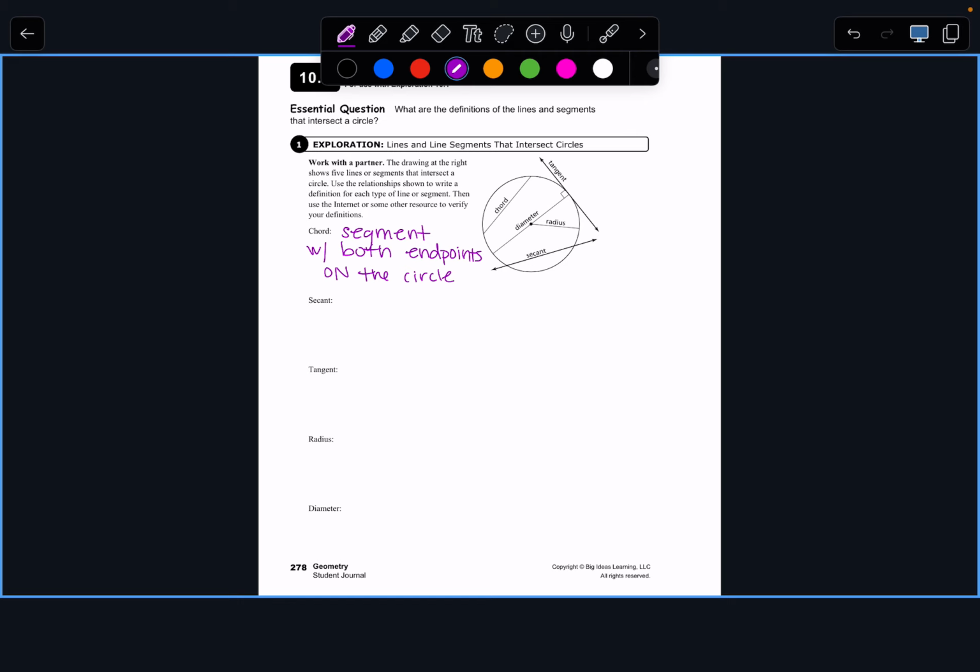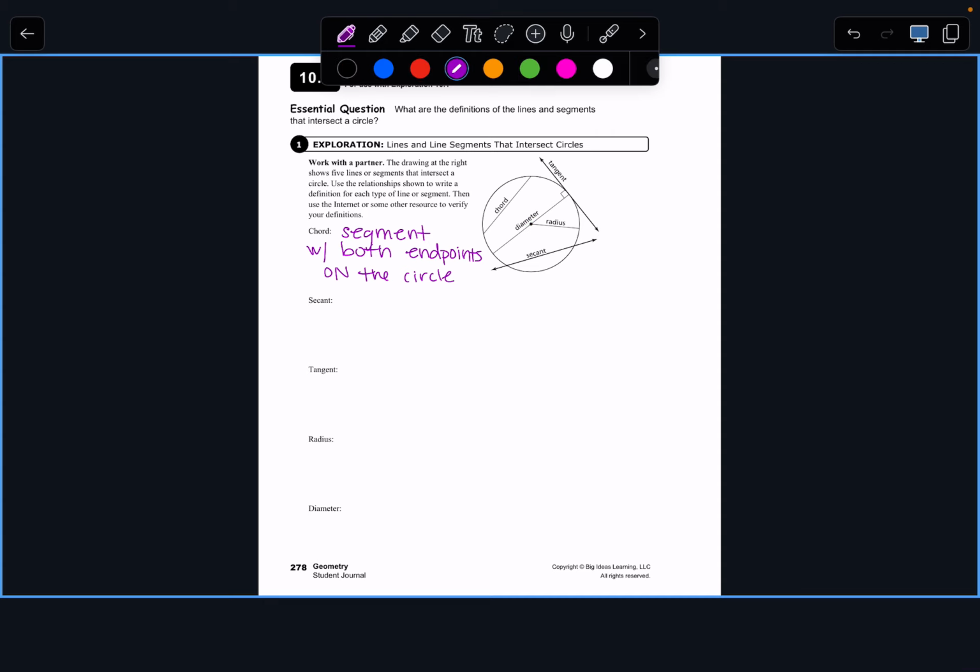Is a diameter a chord? This chord is not a diameter, but the diameter is a chord that cuts the circle in half and goes through the center.